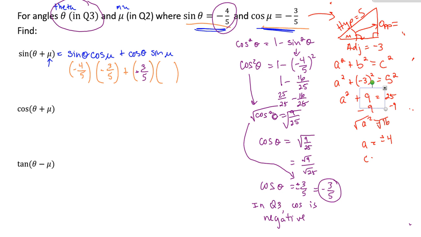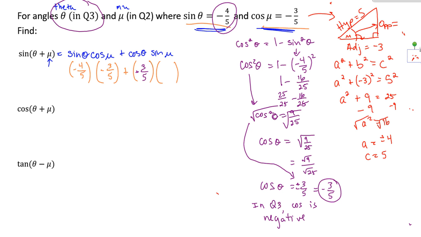And our c, our hypotenuse, was 5. So a equals plus or minus 4, and c is 5.